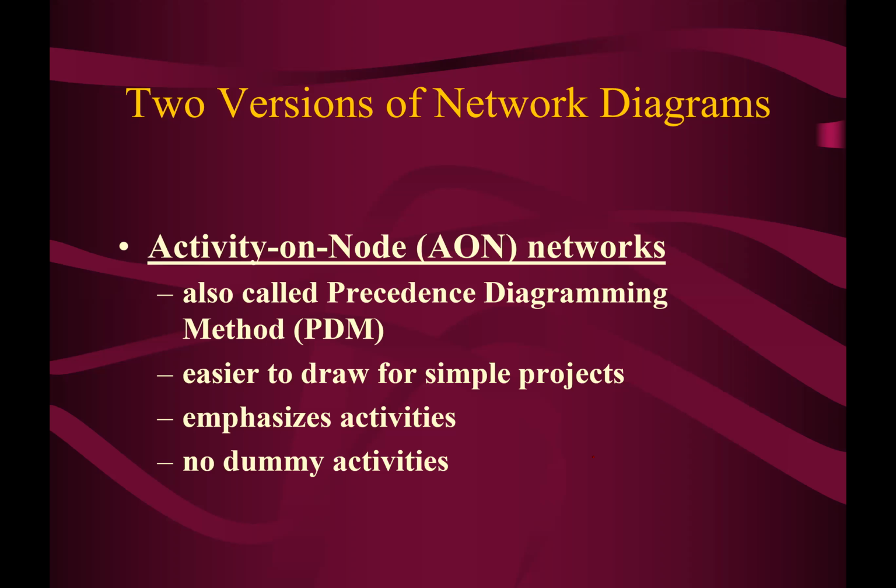They draw the diagram using different graphics, but both basically give the same result, except that the AON diagram was later further enhanced, and then it became the PDM diagram.